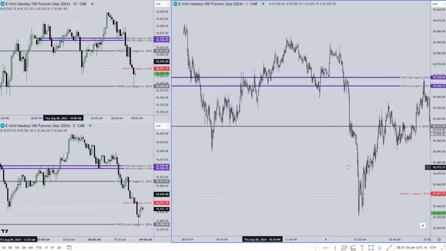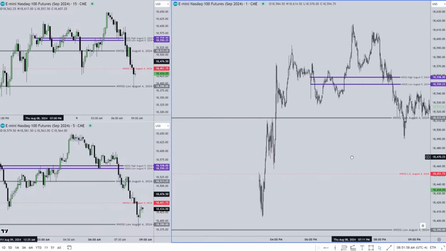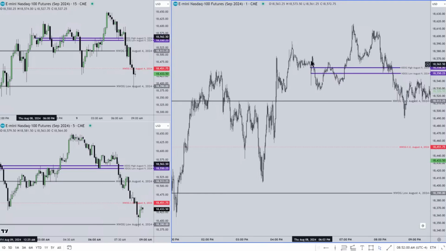But the session starting at 6 o'clock, we're going to zoom in on this little area right here.